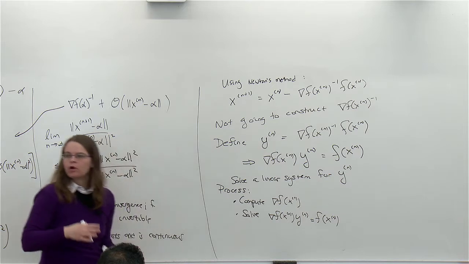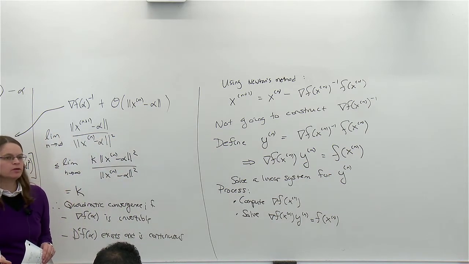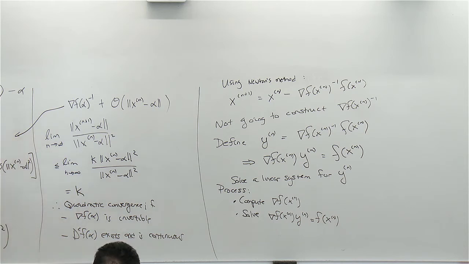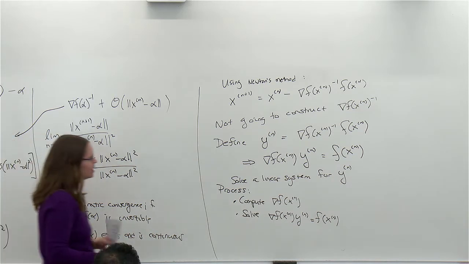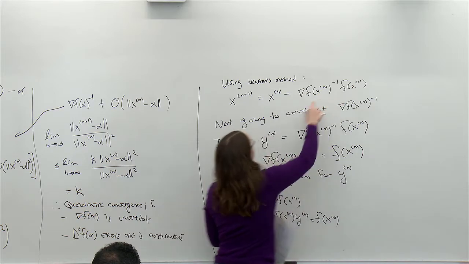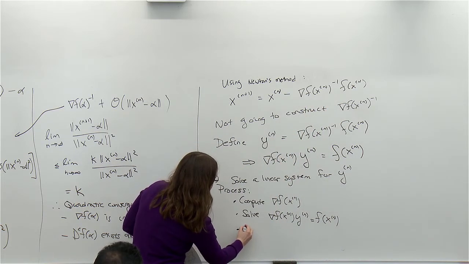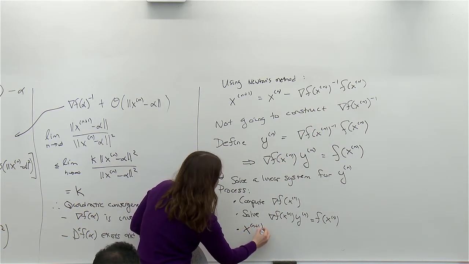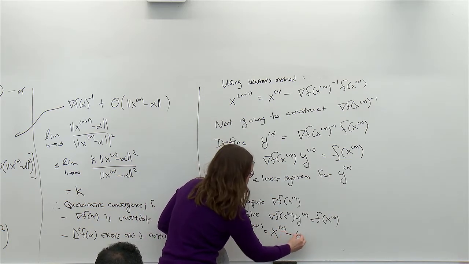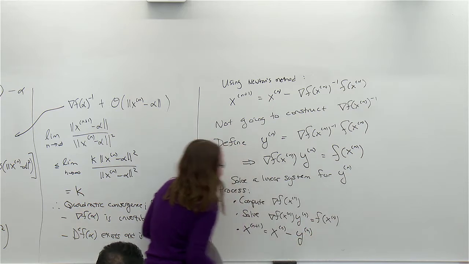For the homework problems where you have to do this, you don't have to build your own linear solver. You can use whatever solvers are available, MATLAB or whatever is available in the language that you're choosing to work with. So we solve for y_n, and y_n was this product. Now when we do our update, x_{n+1} is going to be our old x_n, minus this new update that we've computed.